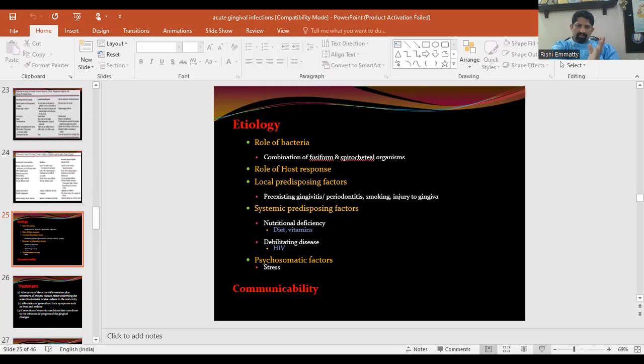there are five factors here: role of bacteria, role of host response, local predisposing factors, systemic predisposing factors, and psychosomatic factors. In the etiology, a combination of fusiform and spirochetal organisms is the main role of bacteria. Regarding host response, because the immunity is reduced, superinfection can happen.